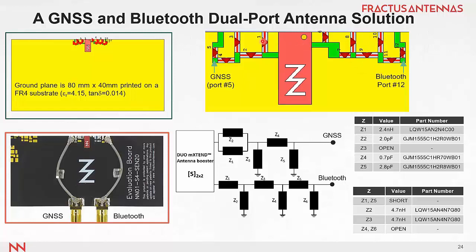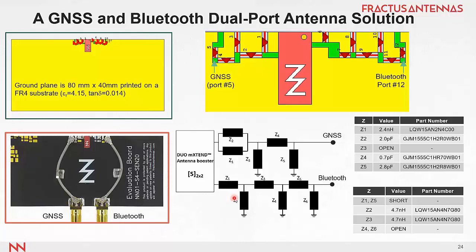In this case, we have more pads just to have more freedom to design, but at the end you can see that for the GPS branch we need 1, 2, 3, 4. We need a filter just to improve isolation, and then the matching in here. And for Bluetooth we only need 2 components. So it's really a very simple matching network, a very simple structure, that with only 6 components we can have GNS and Bluetooth within a very, very small antenna component.